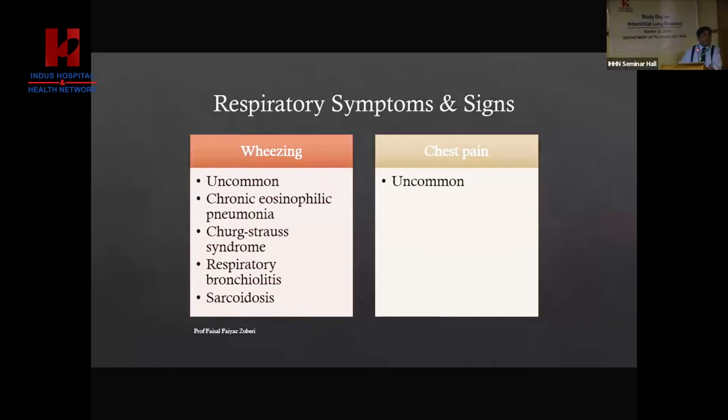Wheezing is generally uncommon in patients with ILD. But in some disorders, like chronic eosinophilic pneumonia, Churg-Strauss (EGPA), RB-ILD, and sarcoidosis, patients may present with wheezing as well. Chest pain is not a common symptom in persons with ILD.